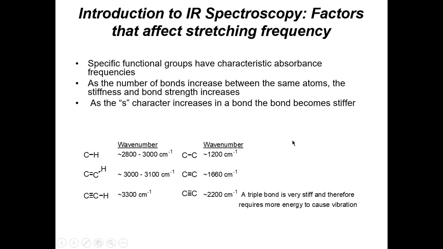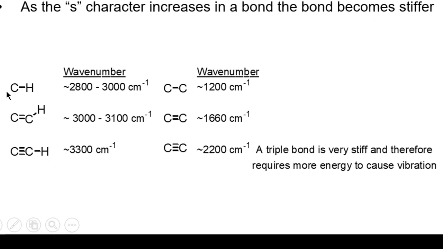For certain functional groups, you can look at sp3, sp2, and sp and look at the difference in the stretching frequencies. That's because the sp hybridized carbons are closer together because of the increase in electronegativity for sp hybridized atoms.